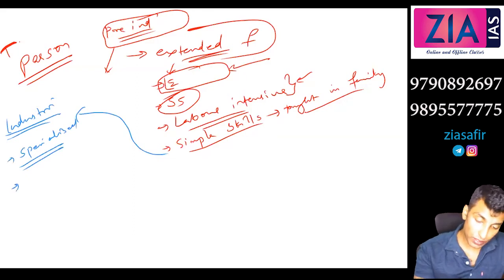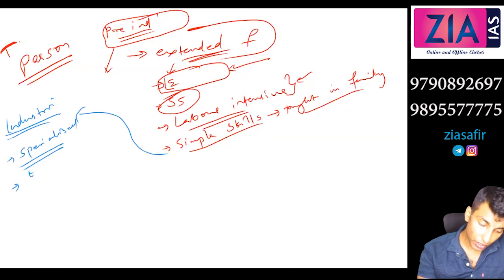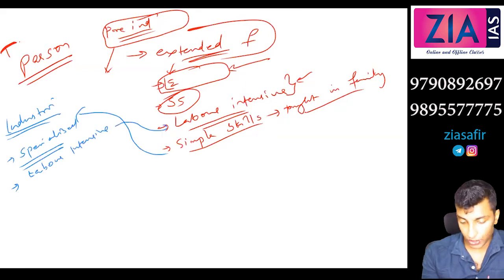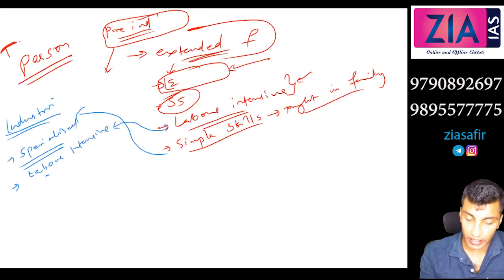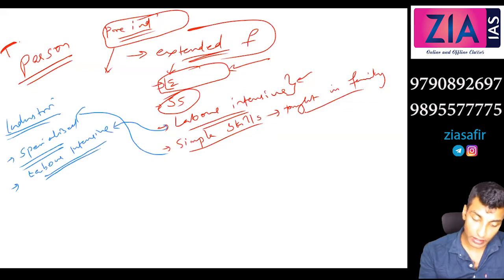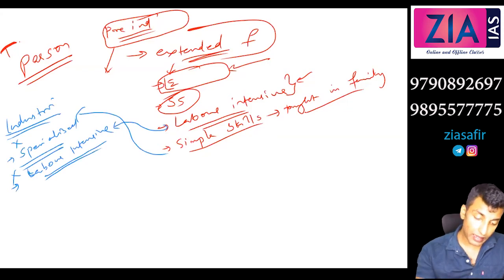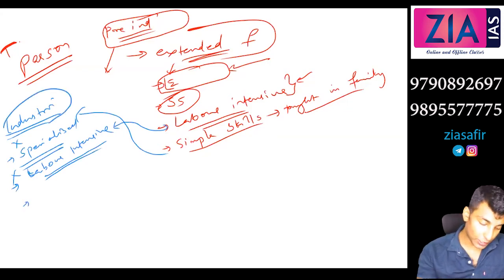This is not as labor intensive as the traditional society, so you don't want to have too many kids in the family. Specialized tasks are emerging, or specialized skills are emerging, which are required for industrialization.